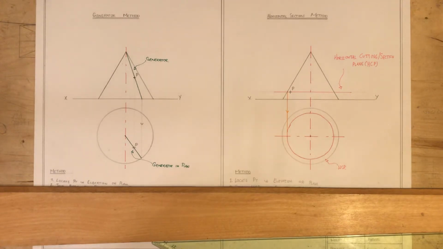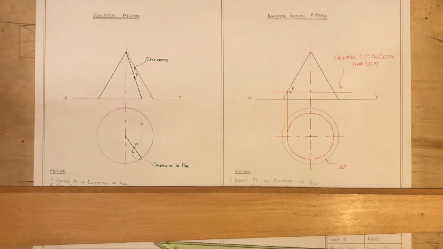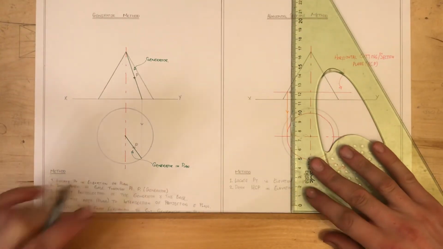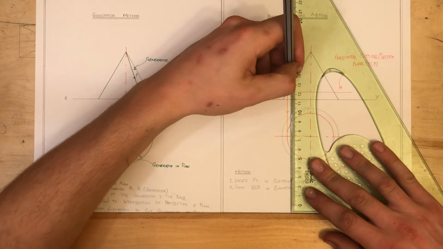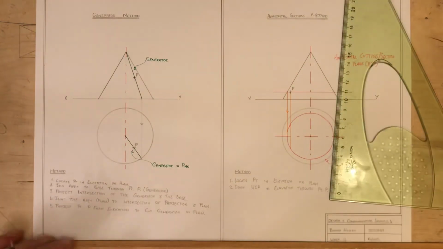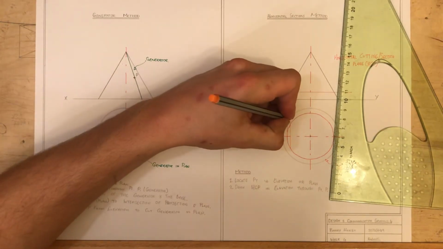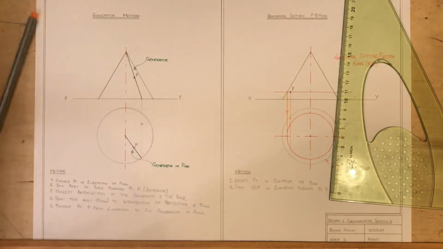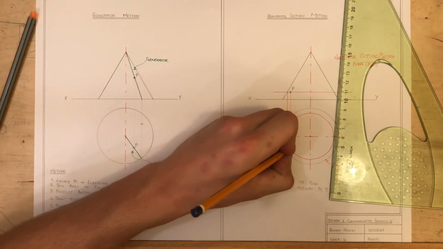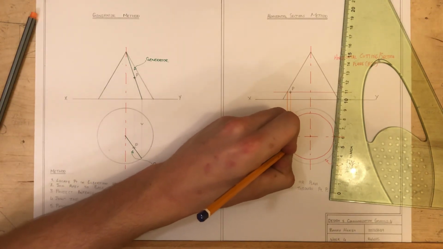So again, our last step now is to project our point P. It wants to come down vertical again to touch that cutting plane. Now we have the position of point P in plan.